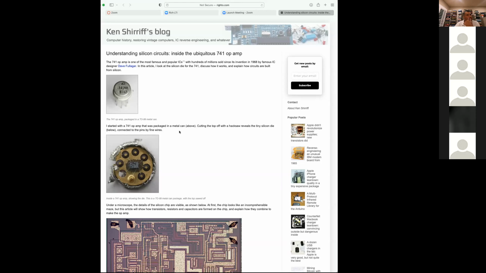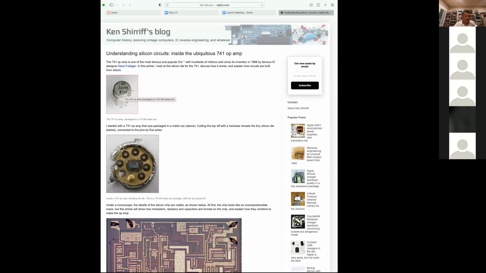This talks about an op amp that's very old, but I used to use it, and you can still buy it. This can is a typical package, maybe 5 millimeters across, and it's got a bunch of pins that go into your printed circuit board or your wire wrap board.